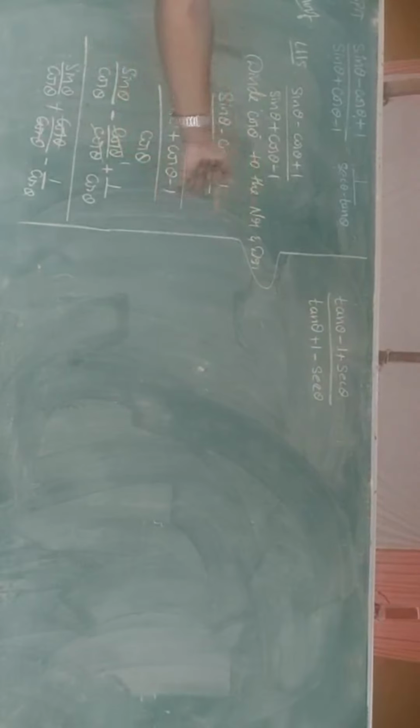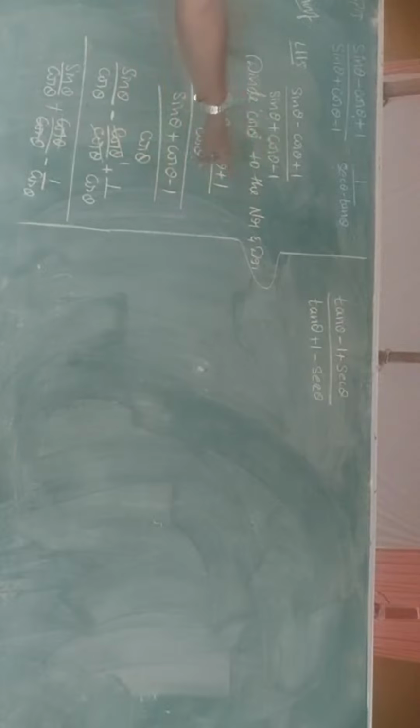Yes, in the question they said to use the identity 1 is equal to sec square theta minus tan square theta, 1 plus tan square theta is equal to sec square theta. Now you can tell me, the numerator also has 1 and the denominator also has 1. Which one should I write as sec square theta minus tan square theta, denominator or numerator? In the previous example I wrote it in the numerator. Why?